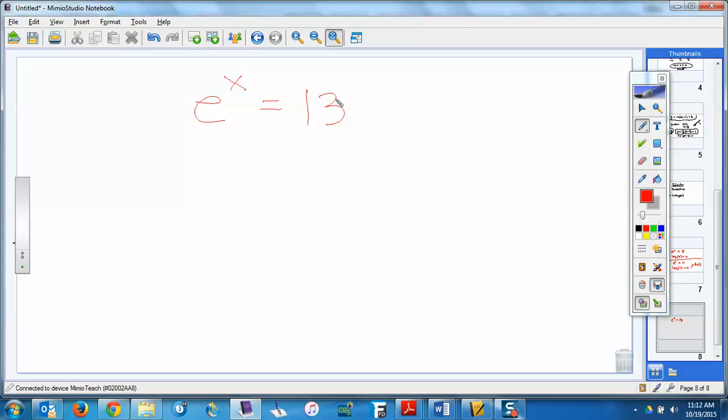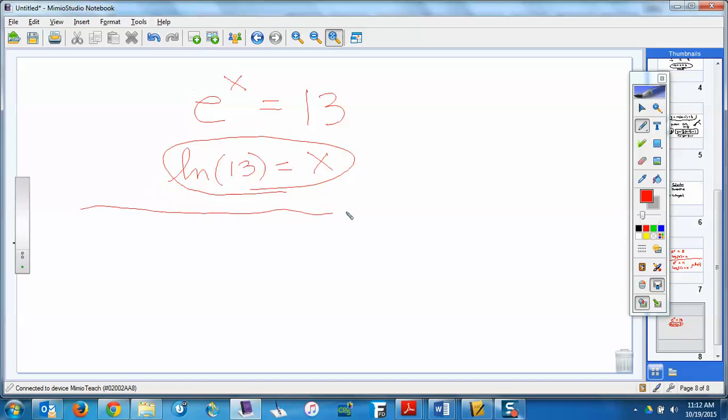This is too easy. Anyway, that's fine. So let's put it into log form, which would be ln 13 equals x. And we'll just stop right there. There's no reason to go to your calculator and get a decimal here. ln 13 is an acceptable answer, right? And if it's a no calculator problem, you'd have no choice. You'd have to stop right there.